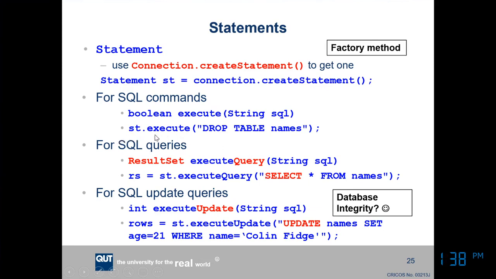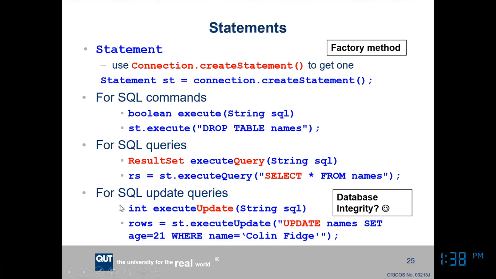If you want to execute something, especially a command that doesn't require any output, or where the output is just whether it's successful or not, then it makes sense to use execute. For queries, that is commands that return results, you'll want to make use of the executeQuery method, where you pass in an SQL query, and that will give you a result set back, which you can use to navigate through those results.